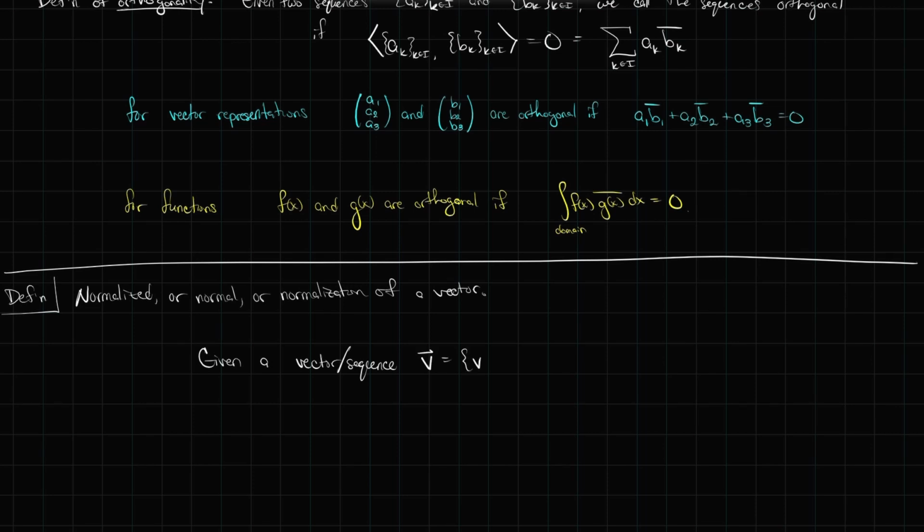Maybe I'll denote it as a sequence as well, V sub k, where k is in some index set. We say V is normalized, or normal, if the norm, big surprise there, equals 1.